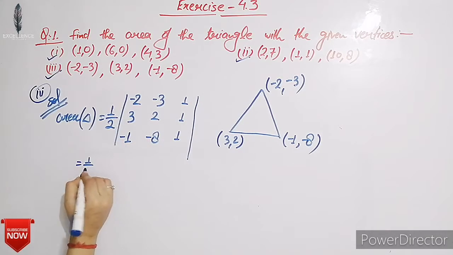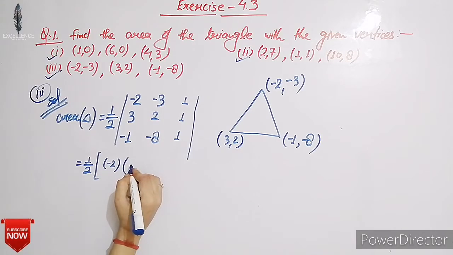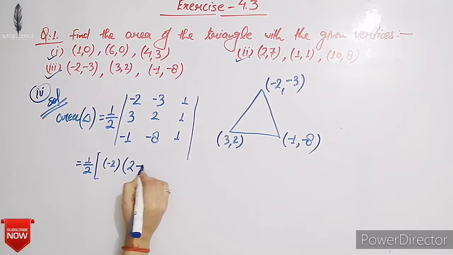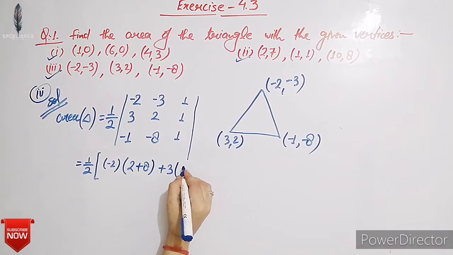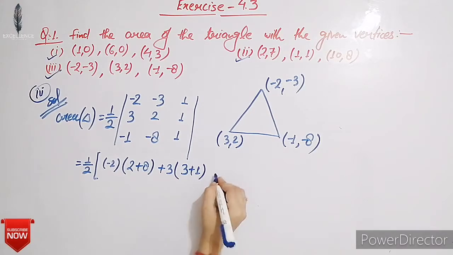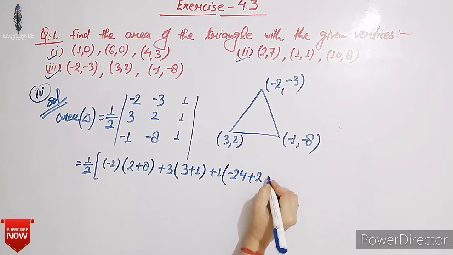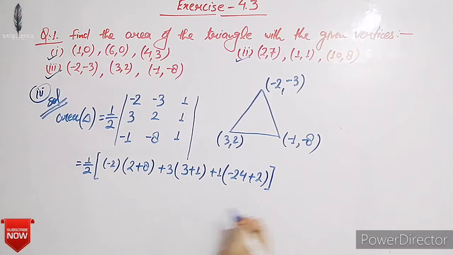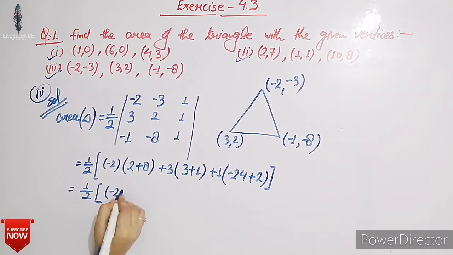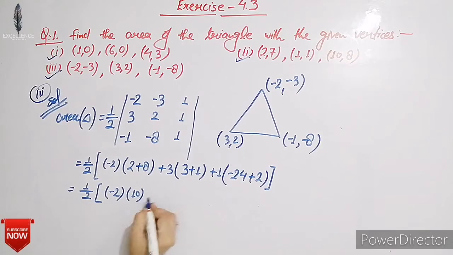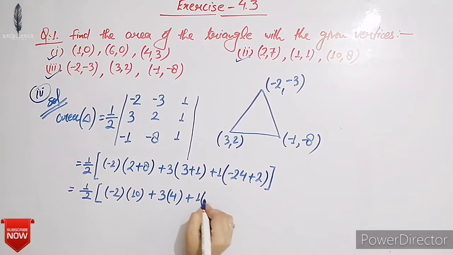Expanding along row 1, then we get 1 by 2, here minus 2 into 2 plus 8 plus 3 into 3 plus 1 plus 1 into minus 24 plus 2. On solving, we get it is equals to 1 by 2, minus 2 into 10 plus 3 into 4 plus 1 into minus 22.